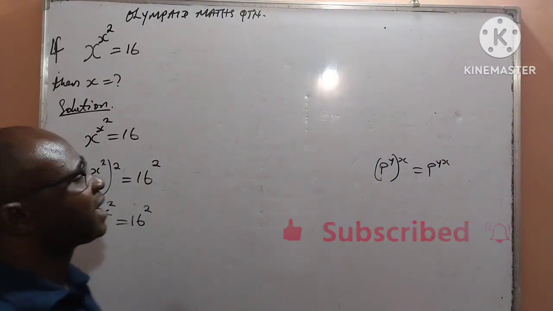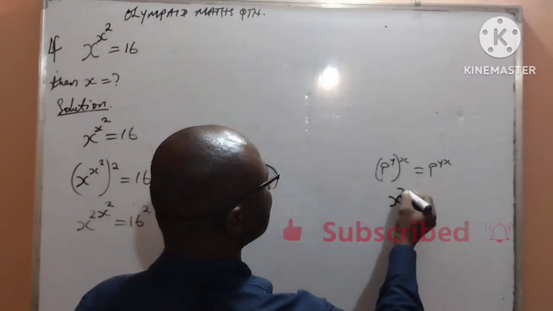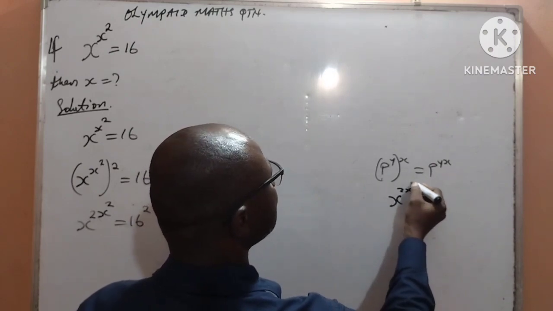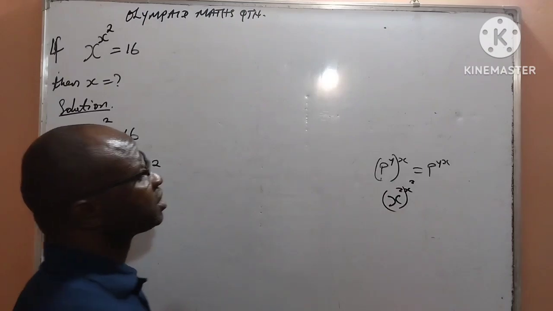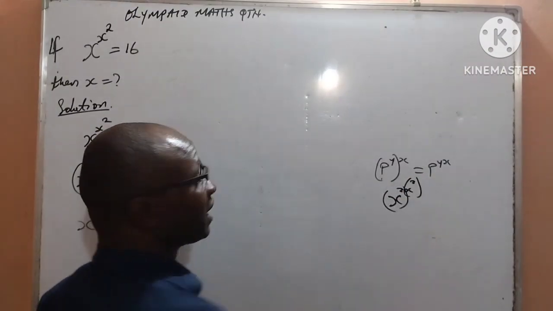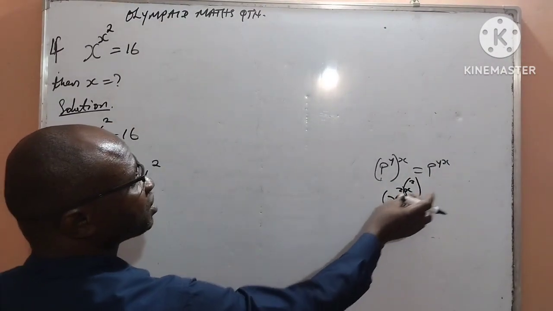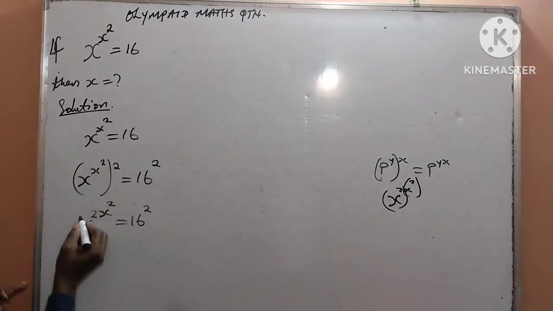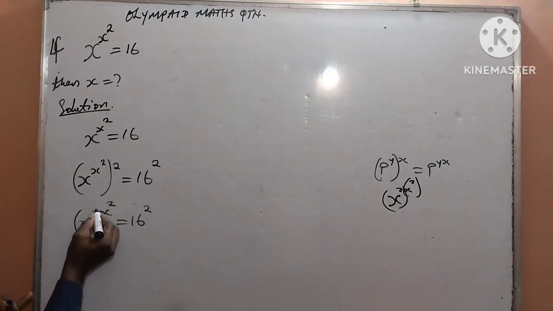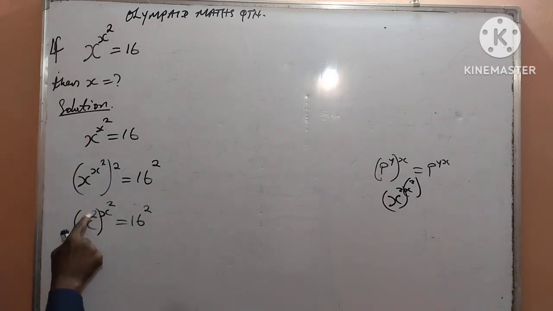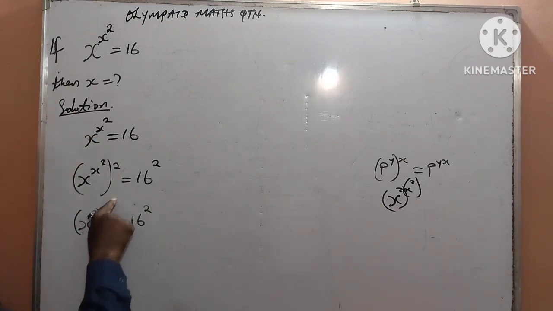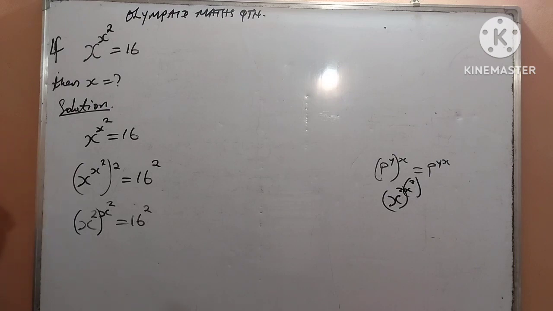But then, if I have x raised to power 2 also x raised to power 2, I can put it like this so that it will now have base and power. What I mean by that is I put this into the bracket to form the base, that is x raised to power 2. Then I still have x raised to power 2 outside the bracket.